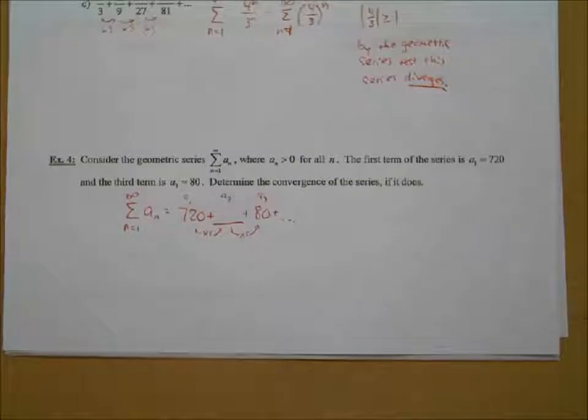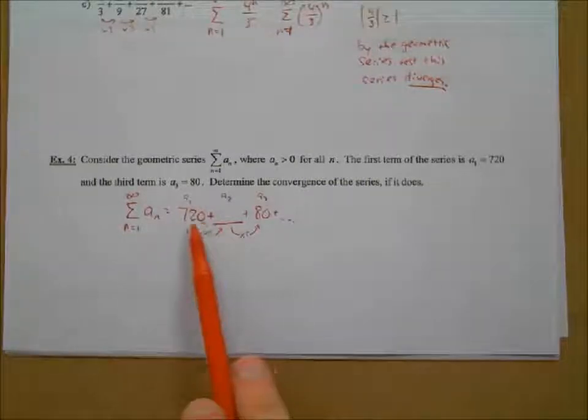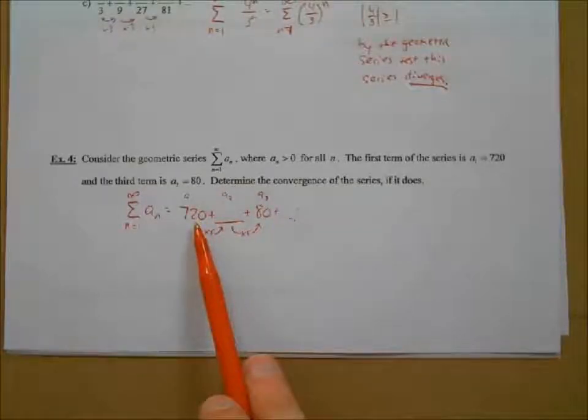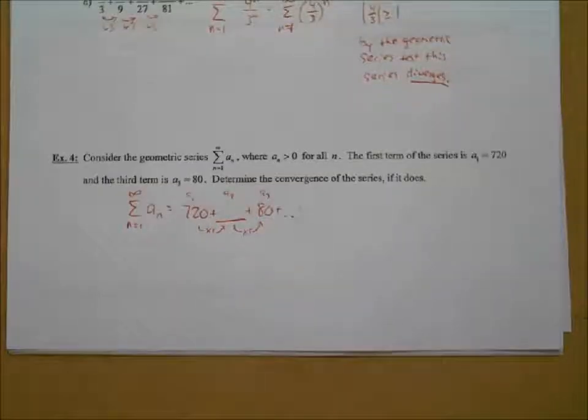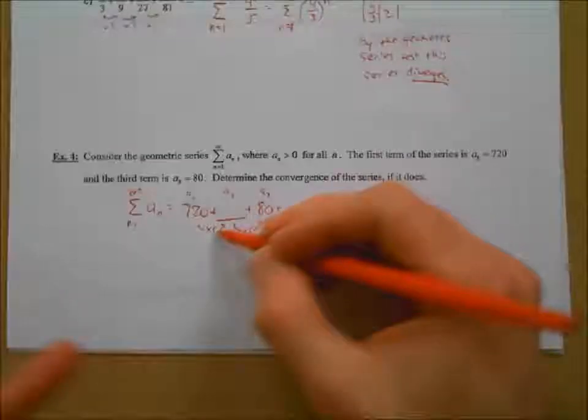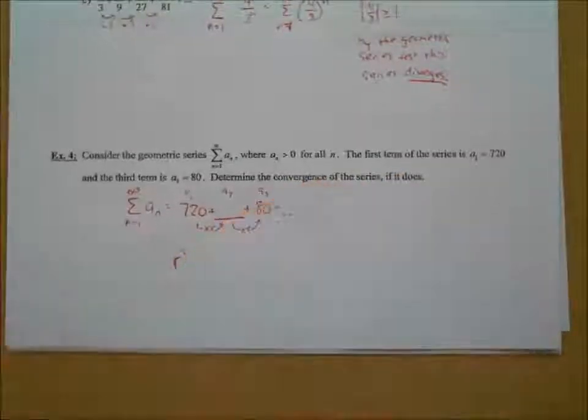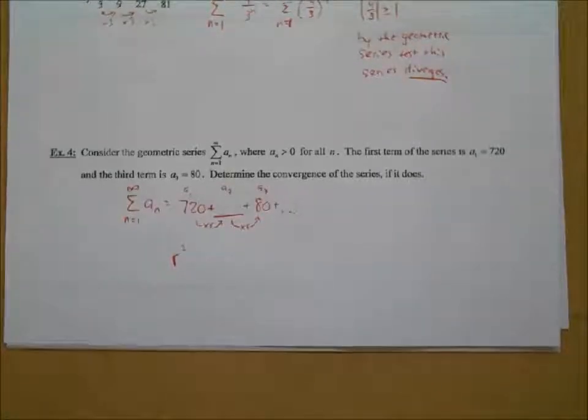Well, how many applications of the common ratio does it take to get us from 720 to 80? Two of them, right? So it's going to be times r, which is really like r squared. We're doing it twice to get from that 720 to 80.